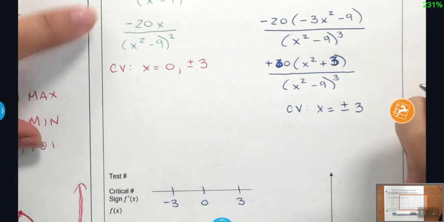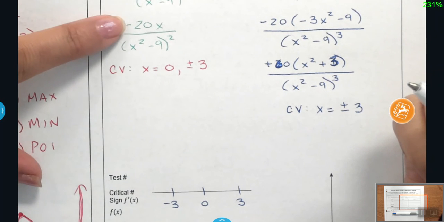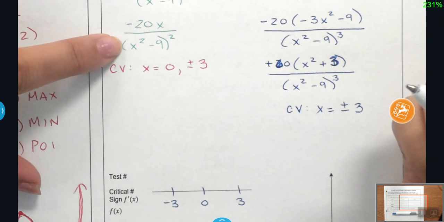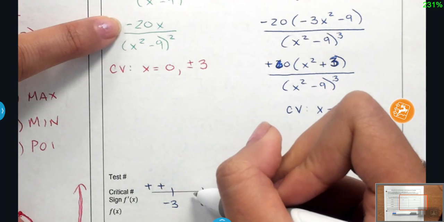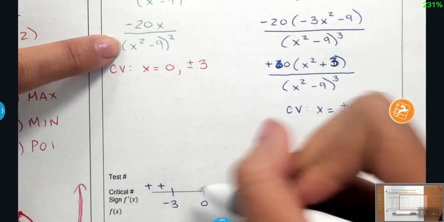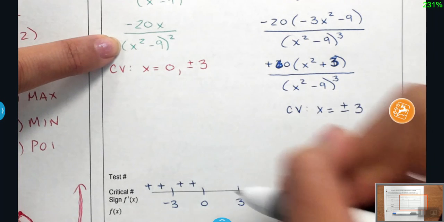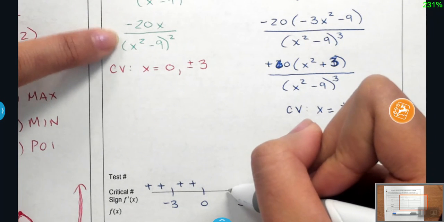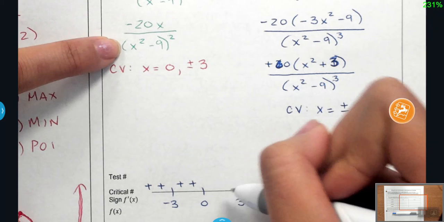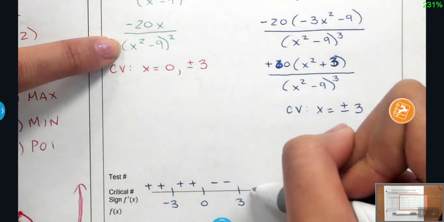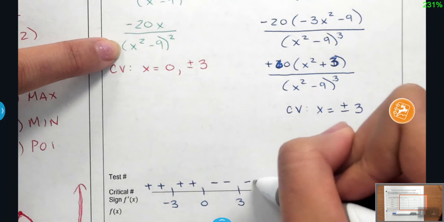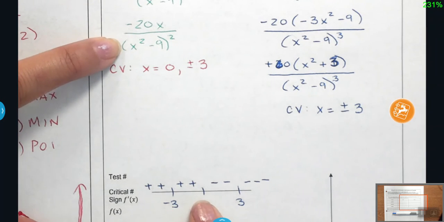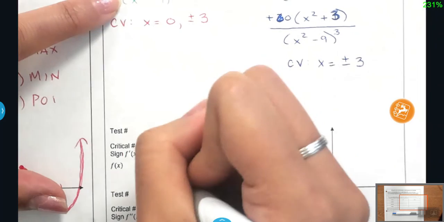Negative 4 is positive, positive. Negative 2 would be positive, positive. 2 would be negative, positive. And 4 would be negative, positive. So we should be increasing, increasing, decreasing, decreasing.